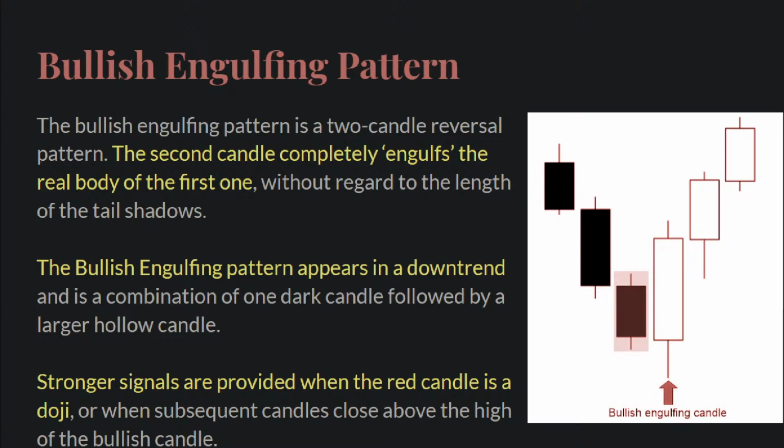But the bullish engulfing pattern appears in a downtrend and is a combination of one dark candle followed by a larger hollow candle or green candle. Stronger signals are provided when the red candle is a doji or when the subsequent candles close above the high of the bullish candle.